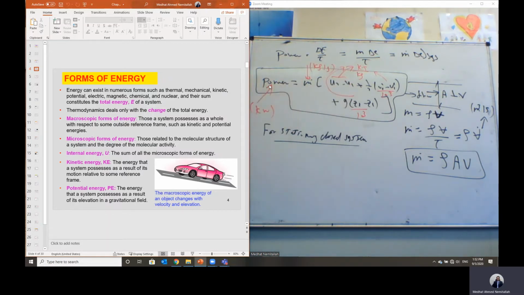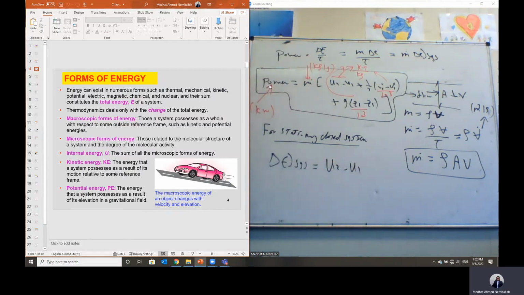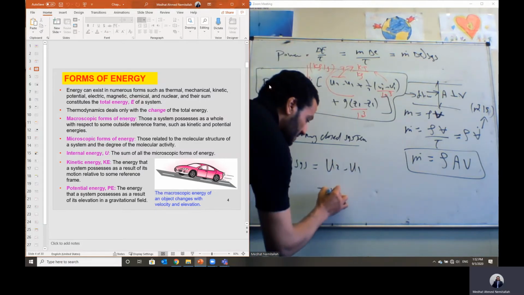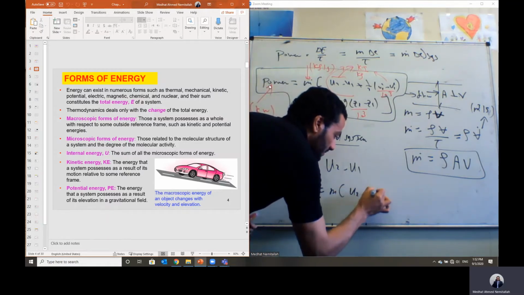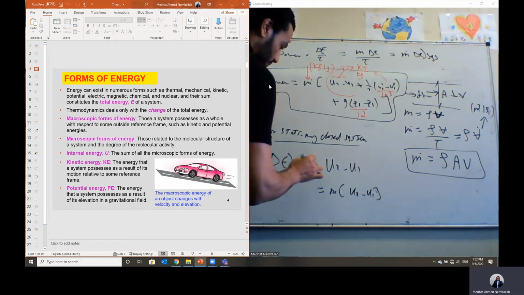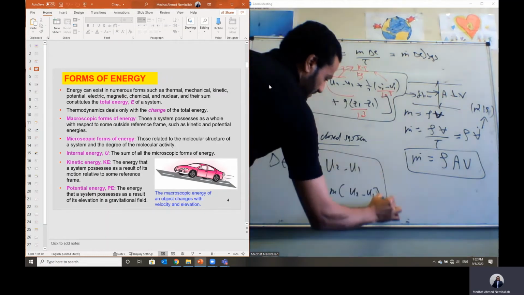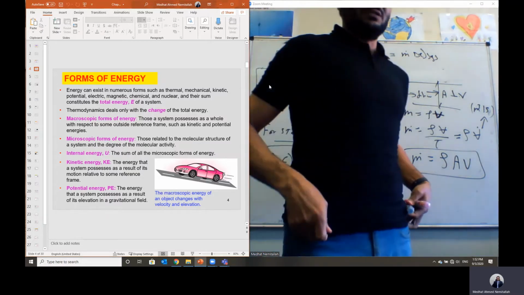The change of internal energy, delta U. So delta U of the system will just equal U2 minus U1, or in the specific form, mass multiplied by specific internal energy U2 minus U1. This is for a stationary closed system, and most closed systems are stationary.